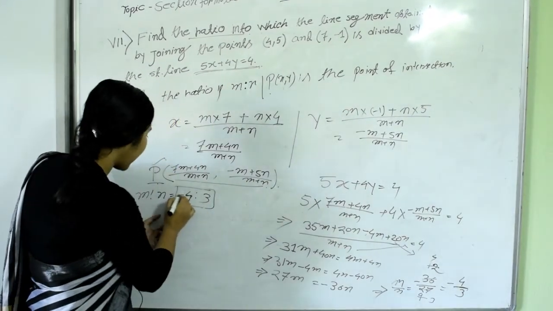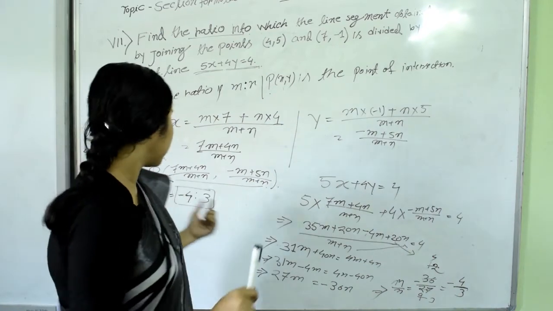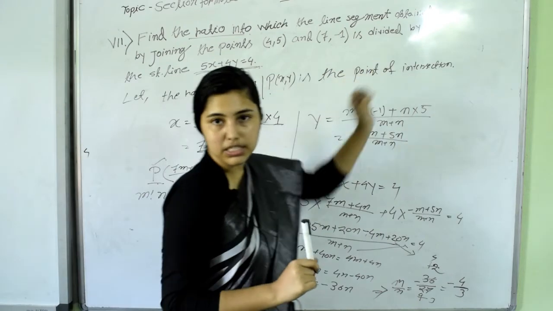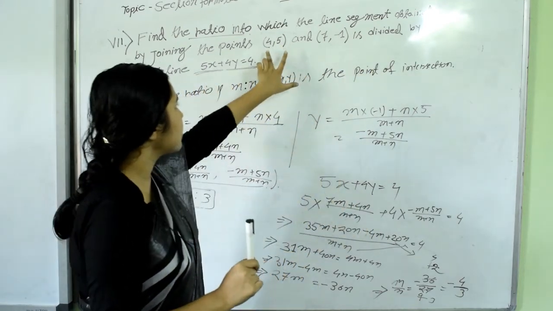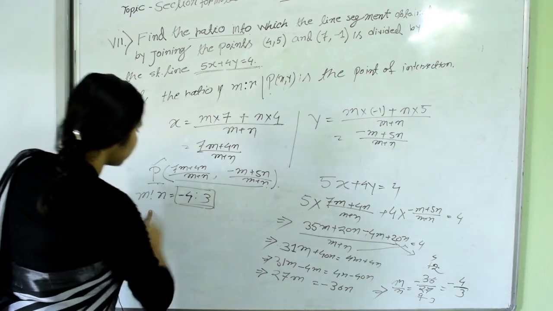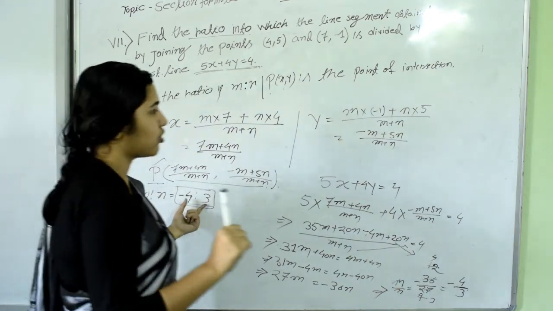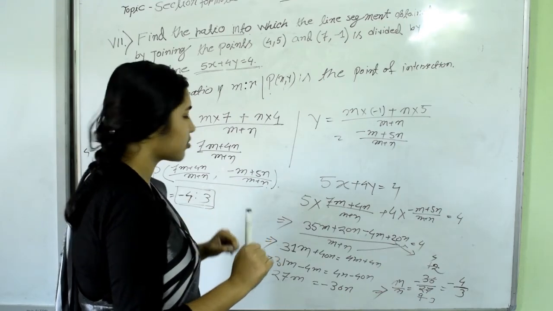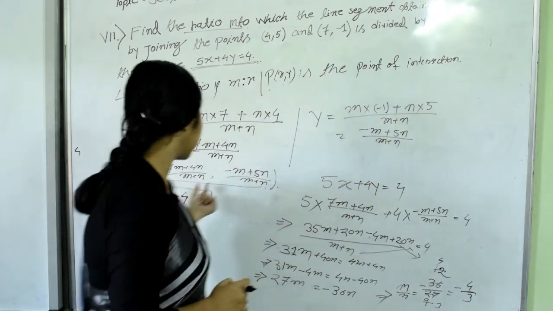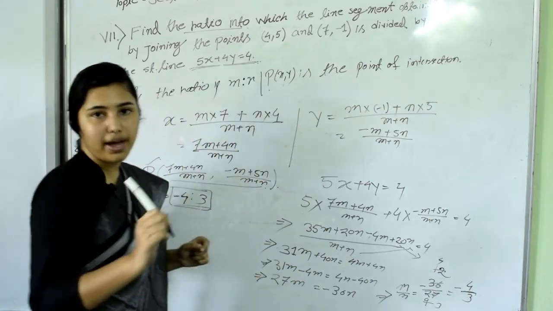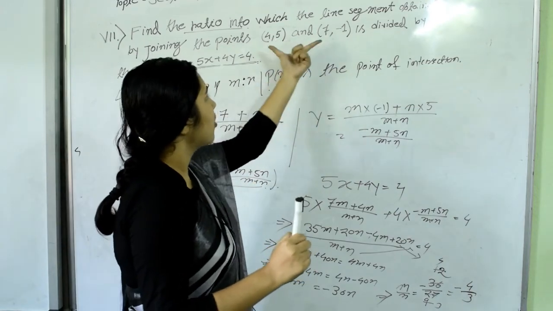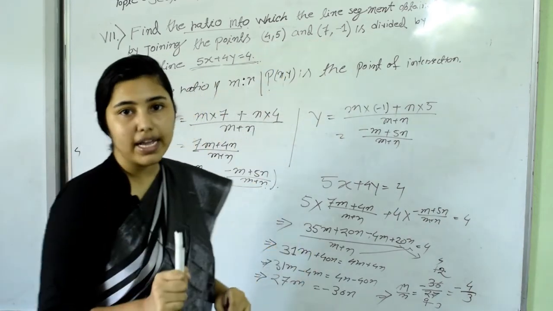This negative sign implies that the point of intersection P divides this line segment externally at a ratio 4 is to 3. So here this negative sign implies that this point P divides this line segment of these 2 points externally.